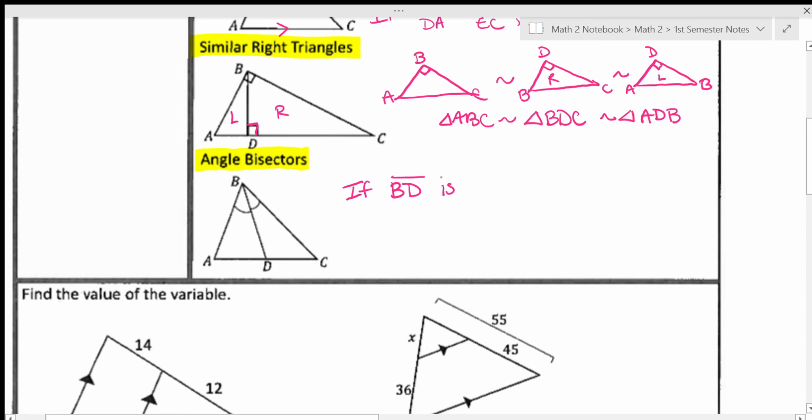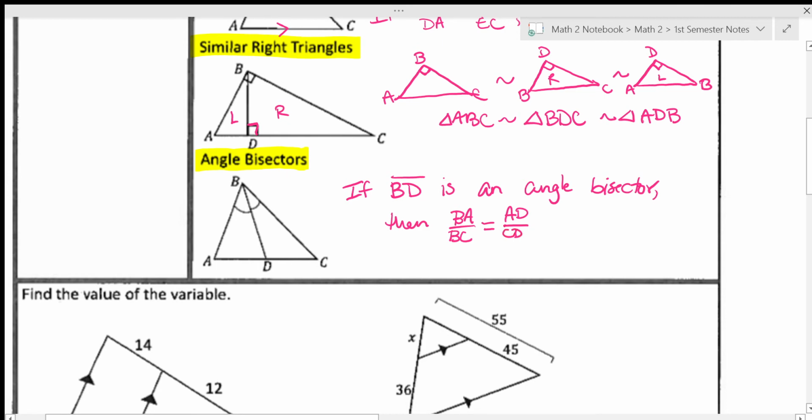And then our last idea here, angle bisectors, is that if BD is an angle bisector as marked on our picture here, then all of our sides are proportional. So BA over BC would be equal to AD over CD.